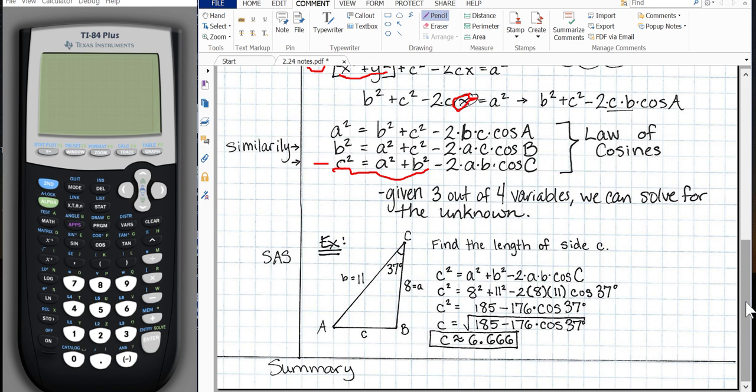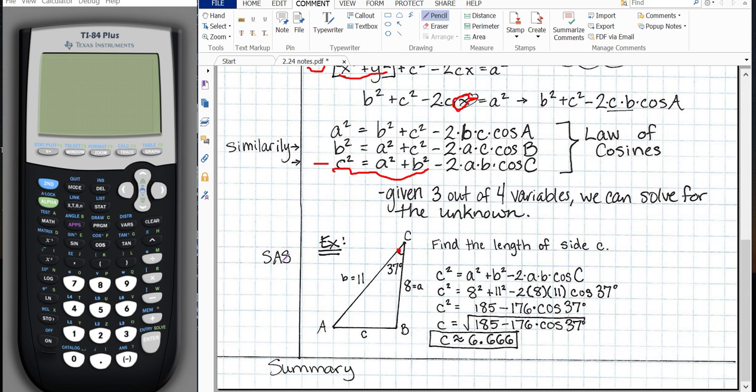And now we have information that we can use in these formulas in order to solve for a missing side length. So down below is an example, and here I wrote SAS, so side, angle, side. If you're looking at triangle ABC, we know two of the sides, and then the angle right in between them is 37 degrees. That's the one we know. So we label it side, angle, side because we go around the triangle as we say what we know.